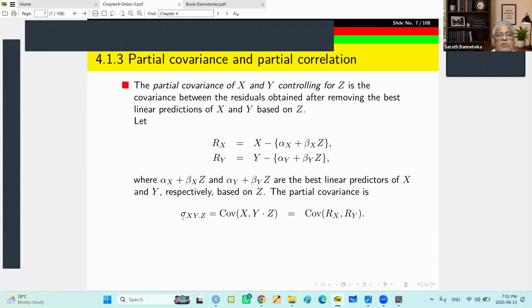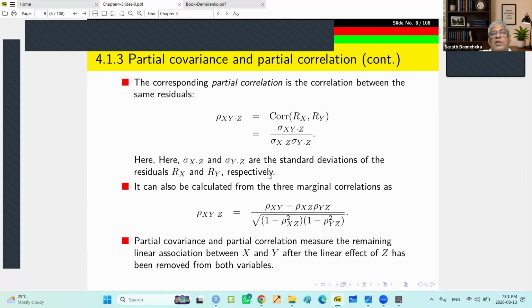This one is denoted by sigma xy dot z. Mathematically, it is equal to the covariance between Rx and Ry, where Rx is the residual after regressing x on z using the least squares method, and Ry is the residual after regressing y on z using least squares regression.